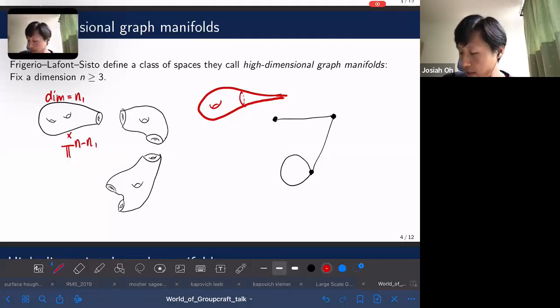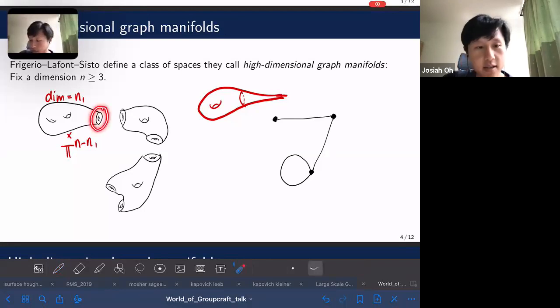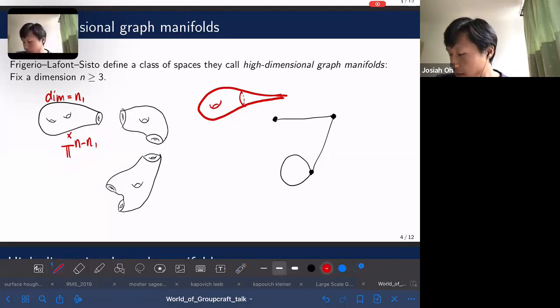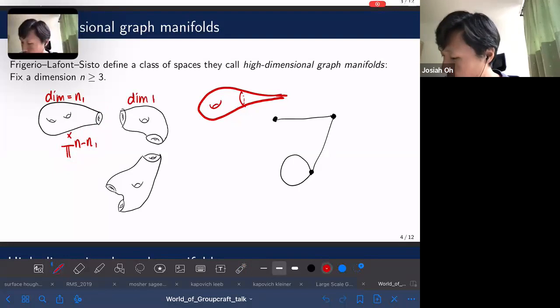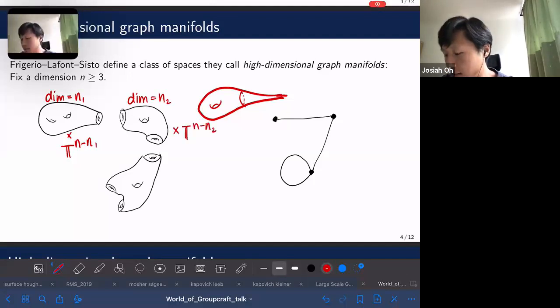Since this boundary component is a torus and we're taking a product with a torus, what we get is a compact manifold, again with boundary being a torus. We do the same thing with any number of finite other pieces. So here, if this thing has dimension n2, then we take the product of this thing with a torus of dimension n minus n2, and so on and so forth.